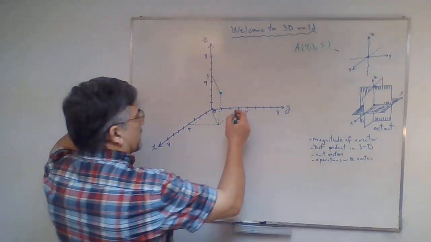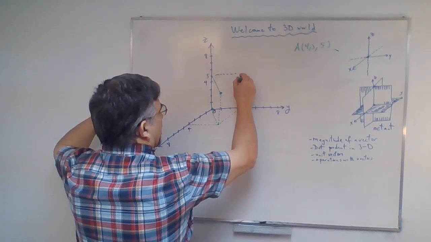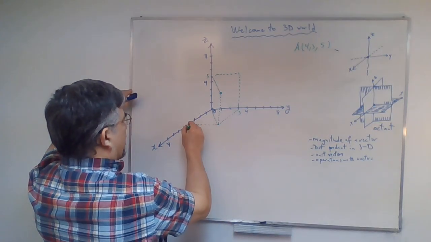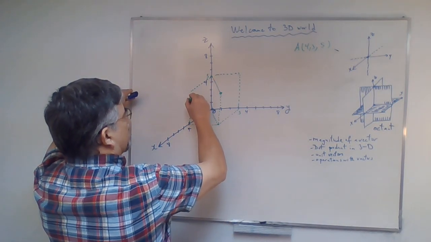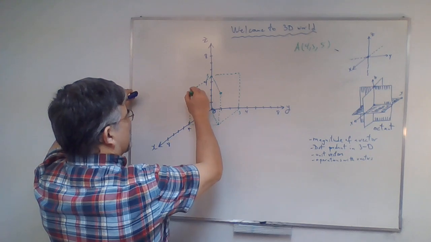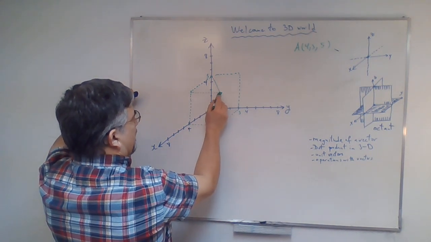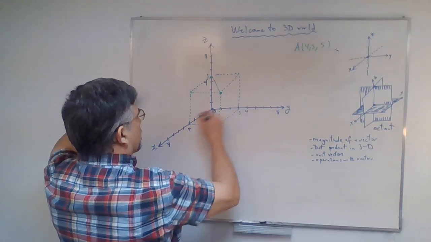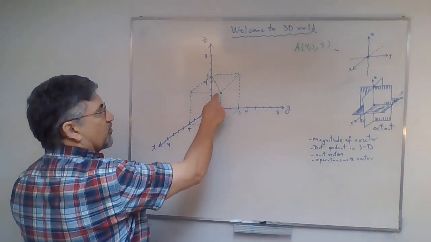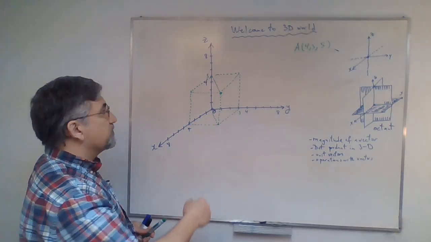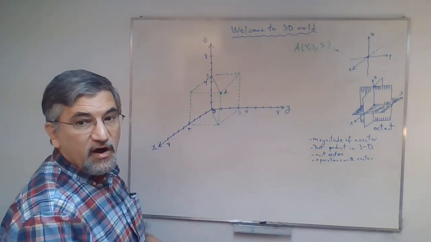With that coordinate, you can actually draw a box here, and you will see that we end up with a rectangular prism after we draw all these parallel lines. So this is the rectangular box I came up with. And this point at the corner, which is in front of you, is point A with coordinates 4, 3, 5.